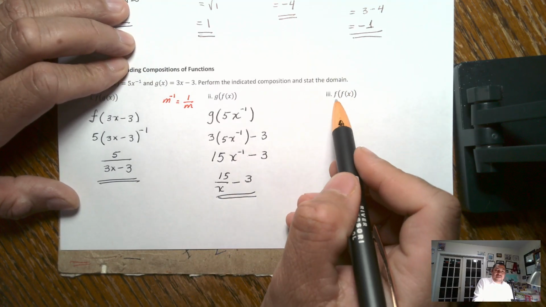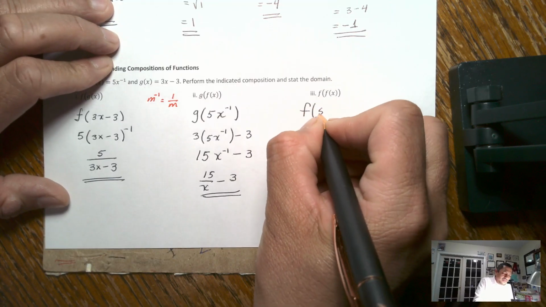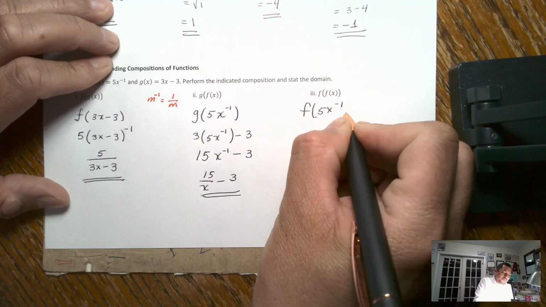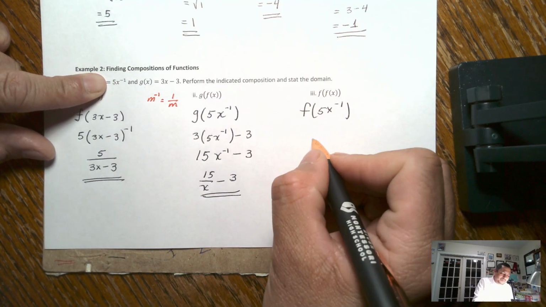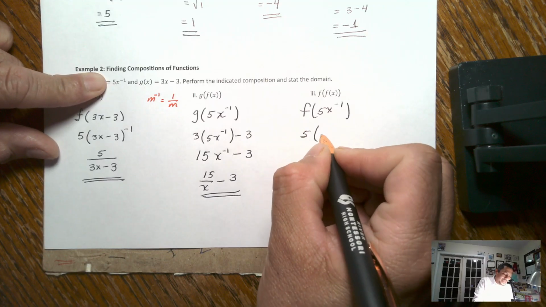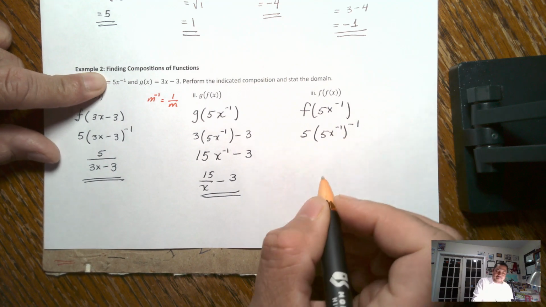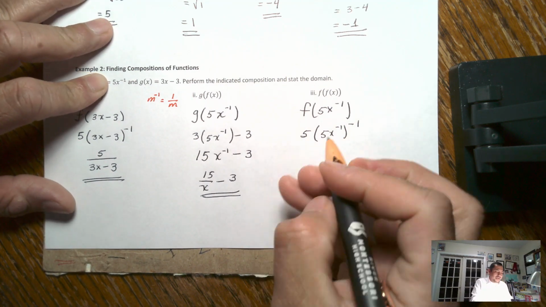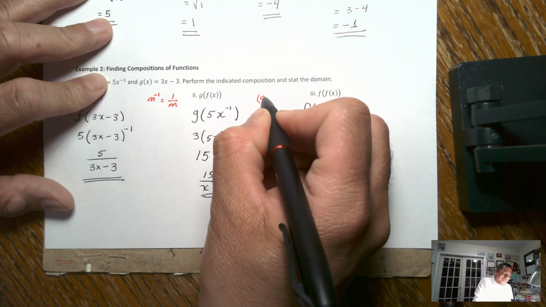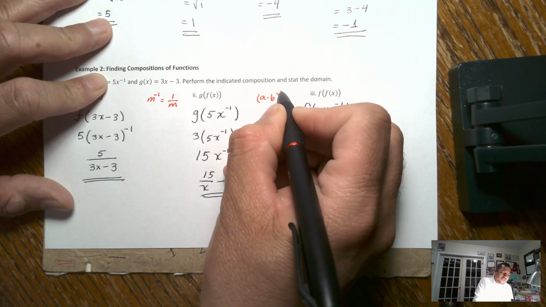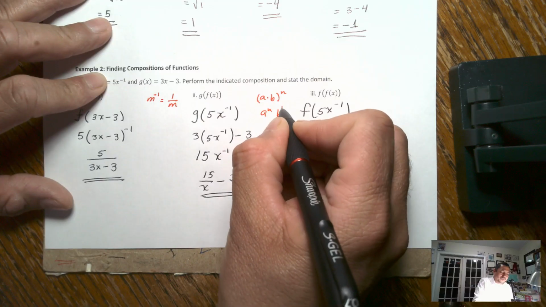So in this case, I have f of f(x). So I have f of 5x to the negative 1. And remember, I have 5 times parentheses 5x to the negative 1, to the negative 1. Now, what is happening here? The properties of exponents in this case, if you have a times b to the n is equal to a to the n, b to the n.